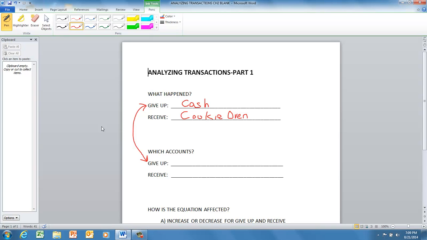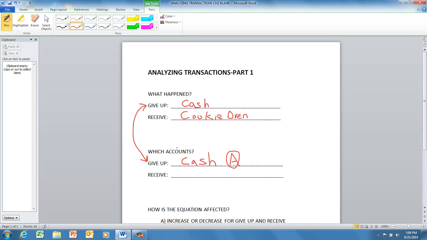And generally there is an account called cash, which is the very first account on the chart of accounts. And it is an asset, so I put an A and I circle it.